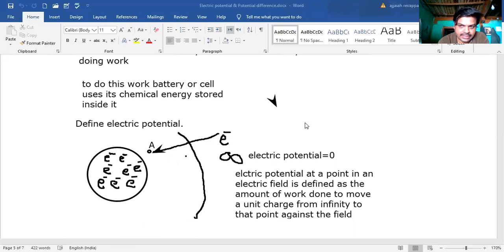When you place a magnet, around that magnet there is a magnetic field. For some area there is a magnetic force. How do you know that? You just place another magnet near the magnet which is already placed. It will either attract or repel. Through that you are able to say there is a magnetic field. Here also, if you bring another charge, an electron, that electron is pushed away, kicked away.